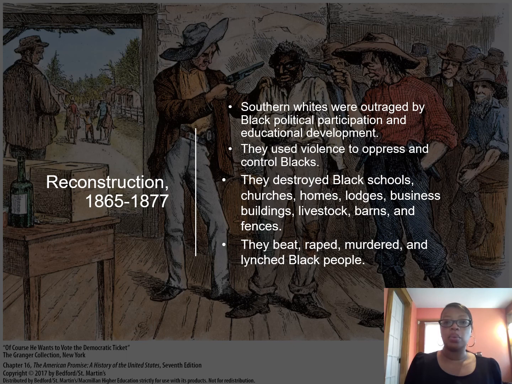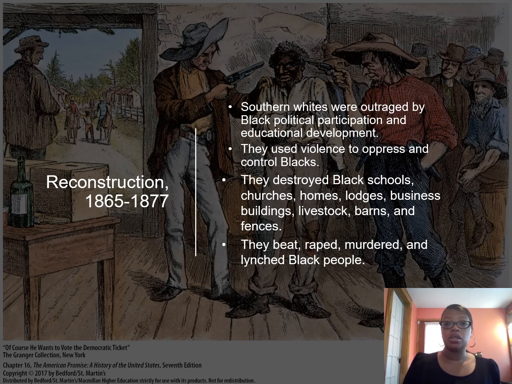Southern whites were outraged by Black political participation and educational development. They used violence to oppress and control Blacks. So as you can see from the image in the back, they tried to intimidate them from voting for Republican politicians.